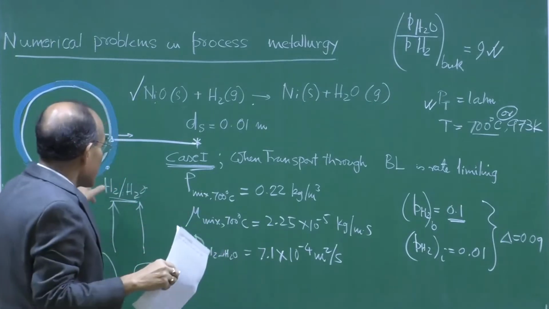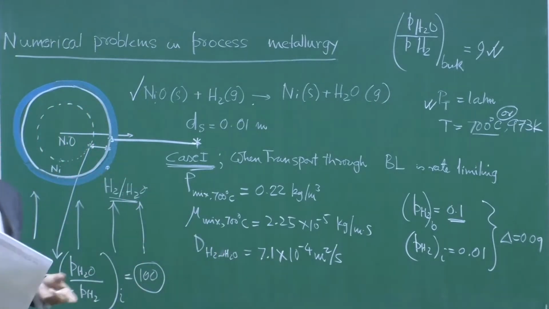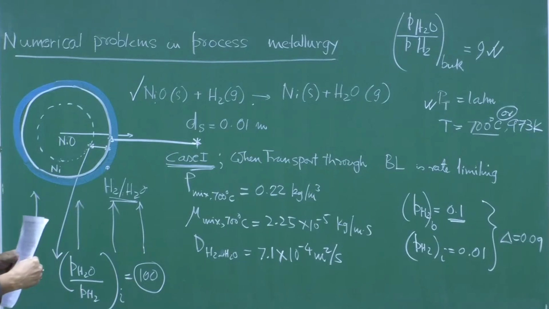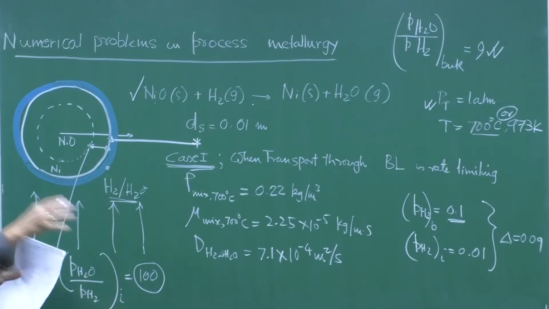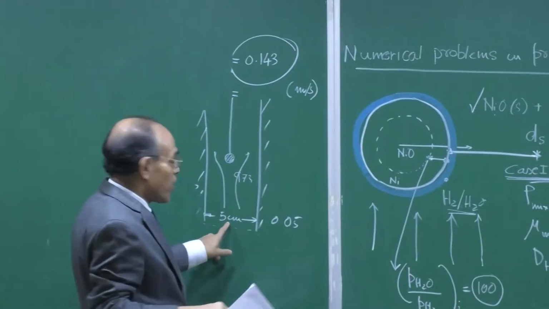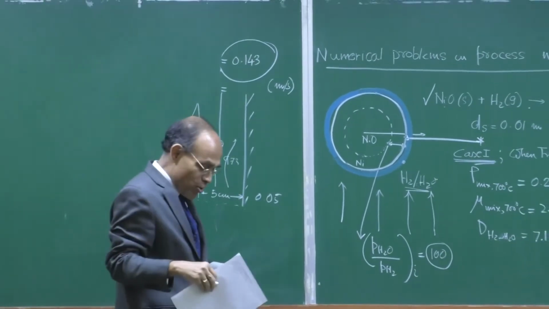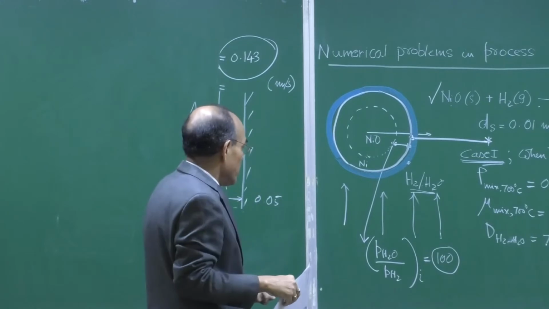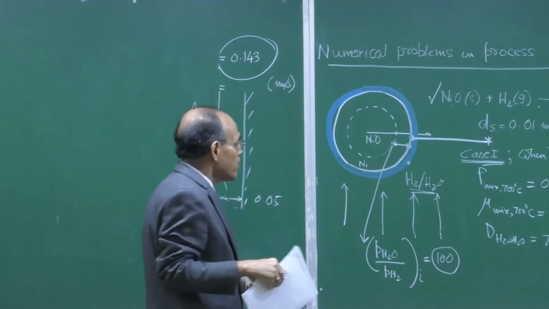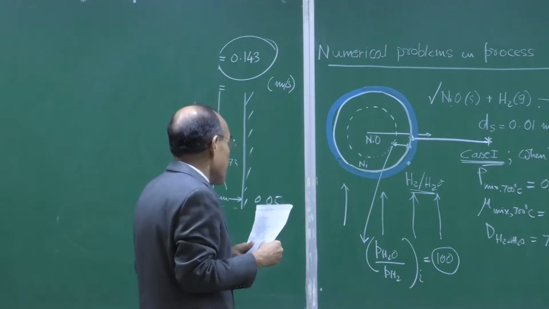It shows you that the rate of reduction is independent of the time, because the boundary layer thickness is determined by the fluid flow conditions, and so long as the flow characteristics or the velocity remain constant, the thickness does not change. So, therefore, at all times the rate is constant, invariant of time.